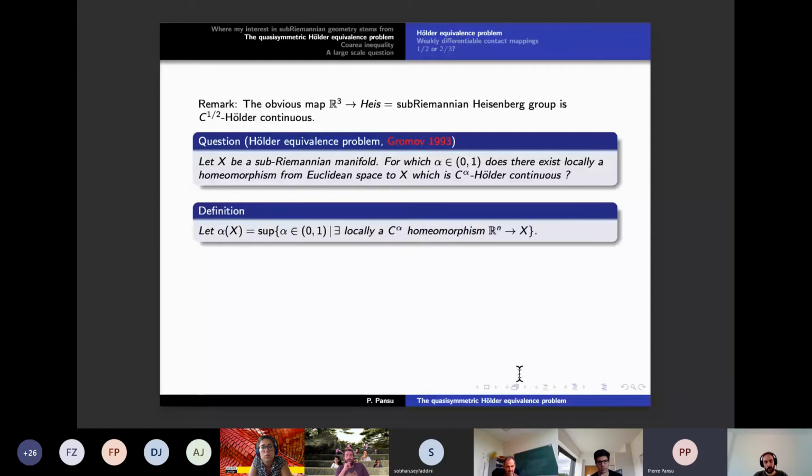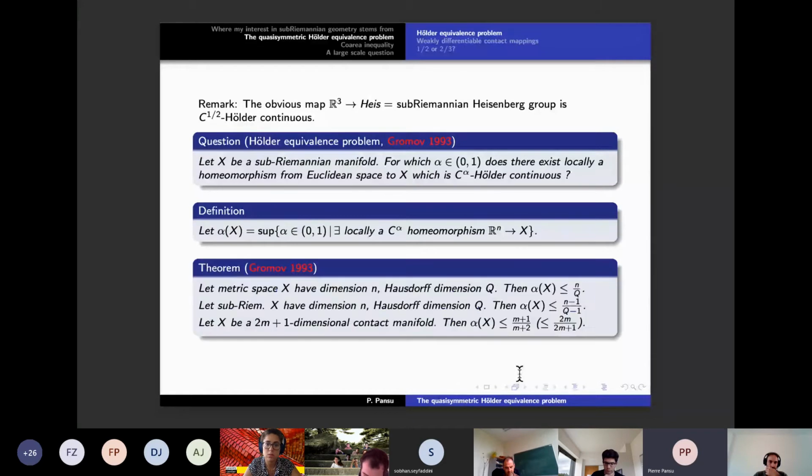In order to formulate Gromov's results, I'll introduce some notation: the optimal Hölder exponent, so the largest Hölder exponent alpha that you can achieve for a set of coordinates on your manifold. And here are Gromov's results. First, for every metric space, if the topological dimension and the Hausdorff dimension are different, then you get a bound, n over q.